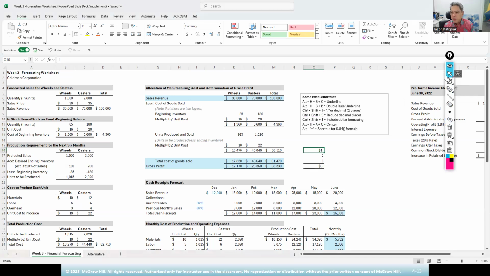Kindly hold, guys, okay? Alt plus 9. Alt plus 9. Just want to make sure that we actually correct that. There you go. Alt H9. So it does not look the same.